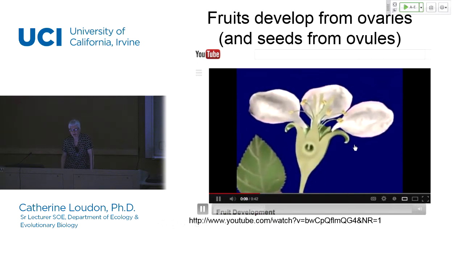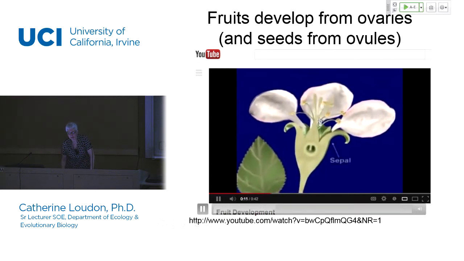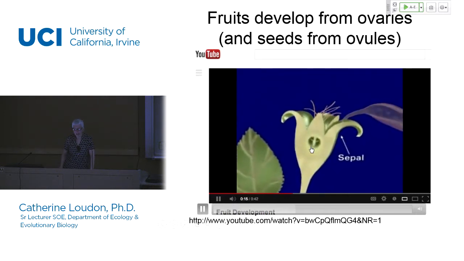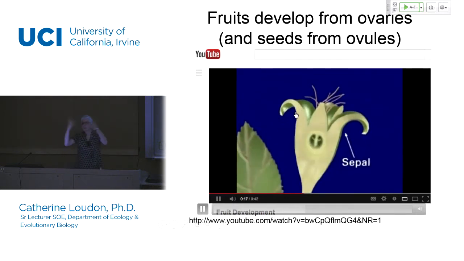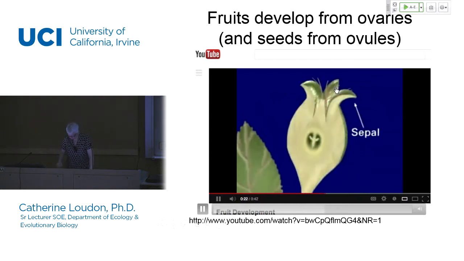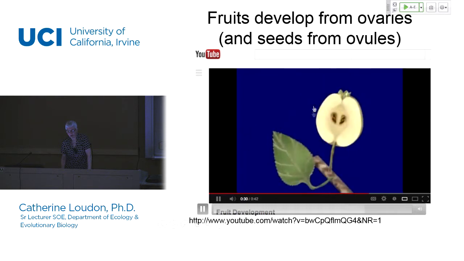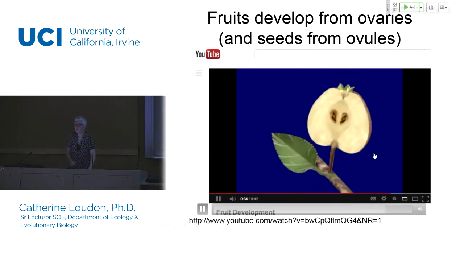So after pollen is in fact deposited and the sperm travel down and fertilize the egg, we've got development of seeds, then the rest of the flower, the petals and so on, are released and wither away here, and you see a change. So this was the ovary. The ovary as a whole develops into the fruit, and the seeds from the individual ovules.